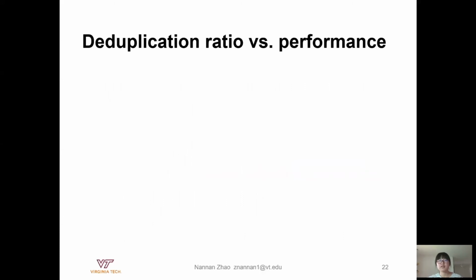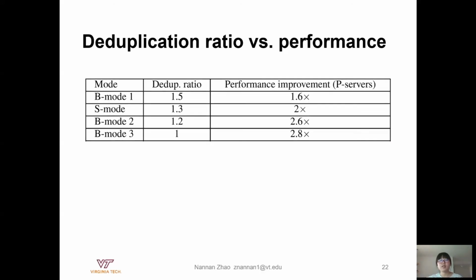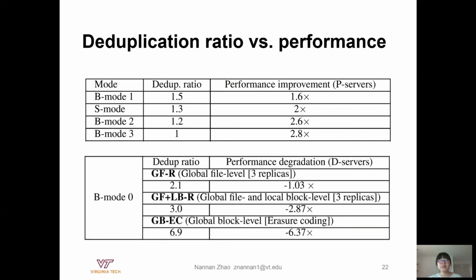We first look at DupHunter's end-to-end performance versus deduplication ratio for all the studied scenarios. We see that all four schemes, B mode 1, 2, and 3, and S mode, have better get layer performance compared to the baseline. Compared to the above 4 modes, B mode 0 has the highest dedupe ratio because all the layers are deduped. We see the dedupe ratio decreases with the number of layer replicas preserved, while the performance improves.